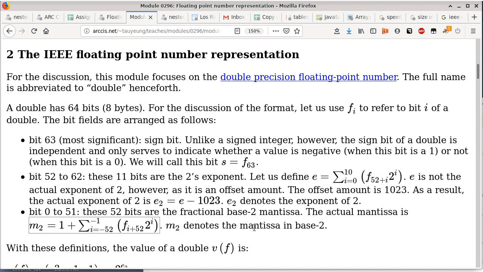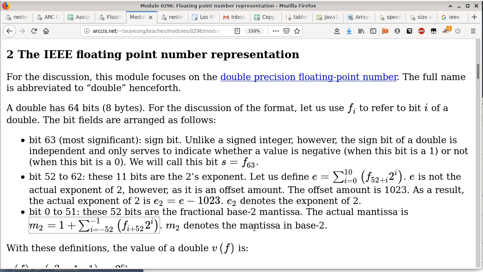So the actual mantissa in base 2 has a fixed 1 here, and then plus a whole bunch of terms that involve the bits of the floating point number. Is that okay? So this 1 is always here, and then plus a whole bunch of terms based on the bits actually in the number itself.